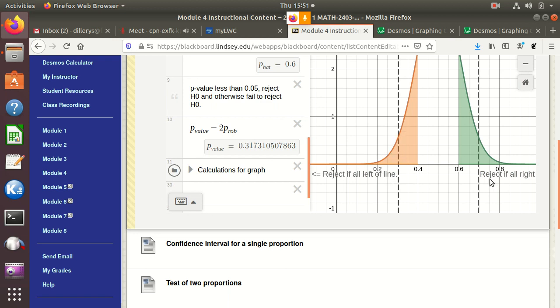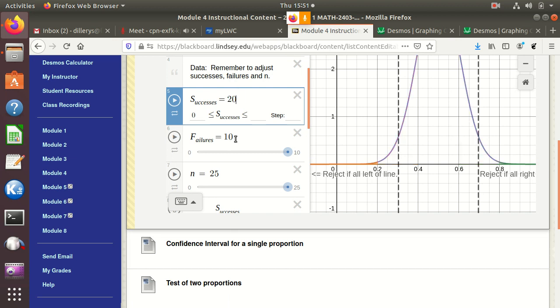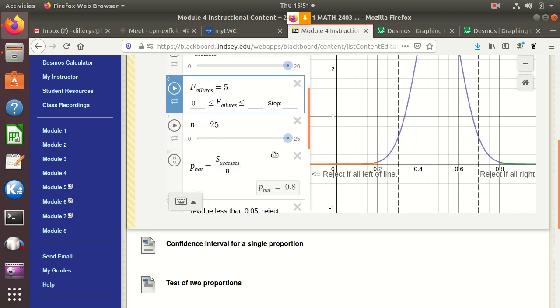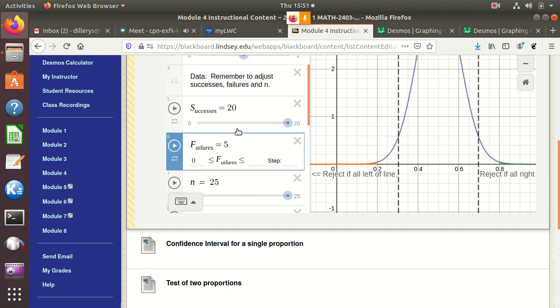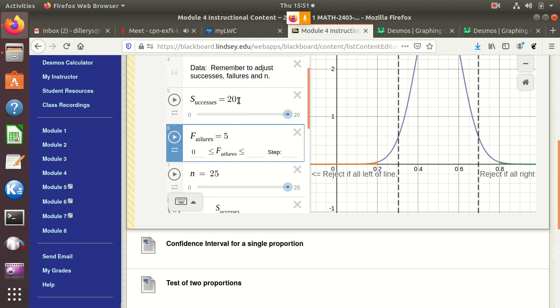But then the dotted lines are at the 0.05 spot. Now, I could play with this a little bit and try to, what if we had 20 successes and 5 failures? In that case, oh wow, it really made a small p-value, really tiny. So I didn't want to do anything quite that drastic, I guess.